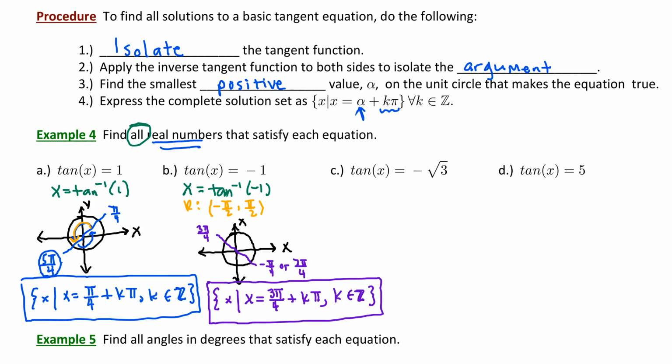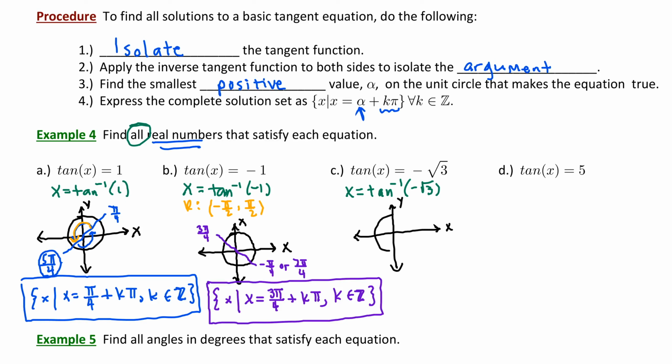Let's take a look at example C. Tangent of x equals negative square root of 3. Tangent is isolated. We can go ahead and isolate the argument as x equals inverse tangent of negative square root of 3. So we need a location on the unit circle of an angle whose tangent is negative square root of 3.